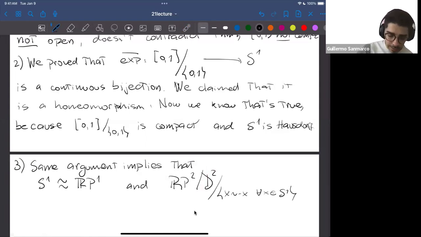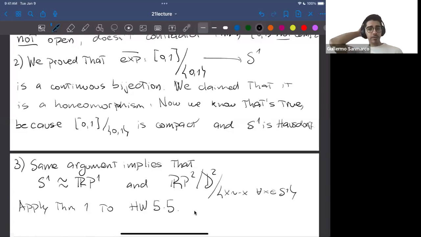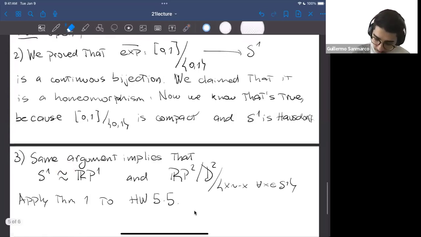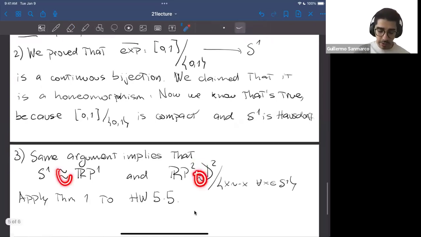So this is applying theorem 1 to homework 5, part 5. We had two questions asking us to give continuous bijections in this direction and in this direction. And remember, this is the symbol to denote that two spaces are homeomorphic. Okay, any questions?